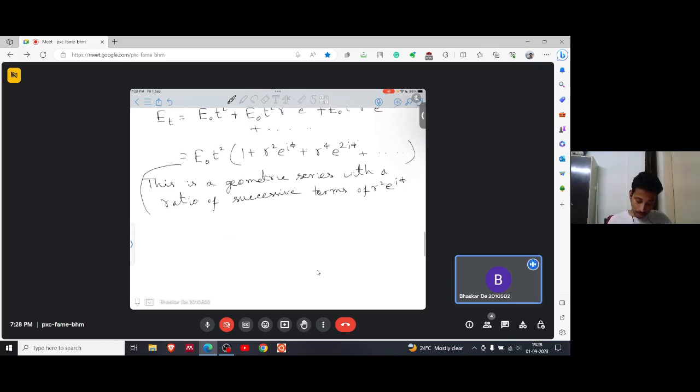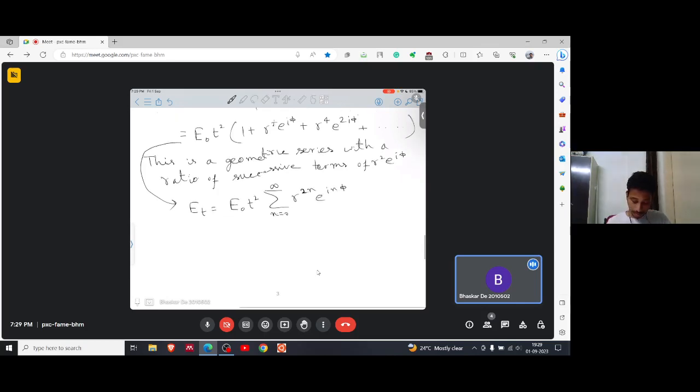So again this can be expressed as Et equal to E naught t square summation n equal to 0 to infinity r to the power 2n e to the power I n phi.